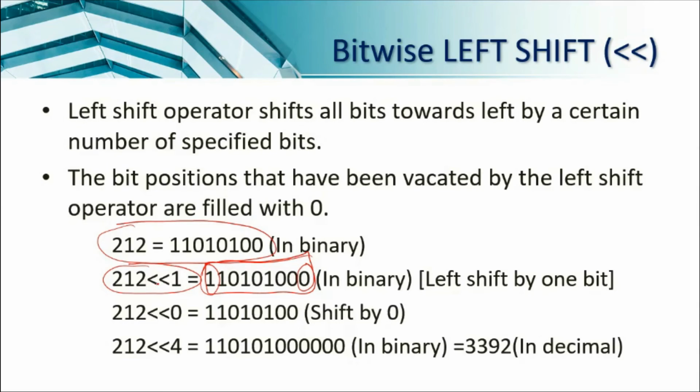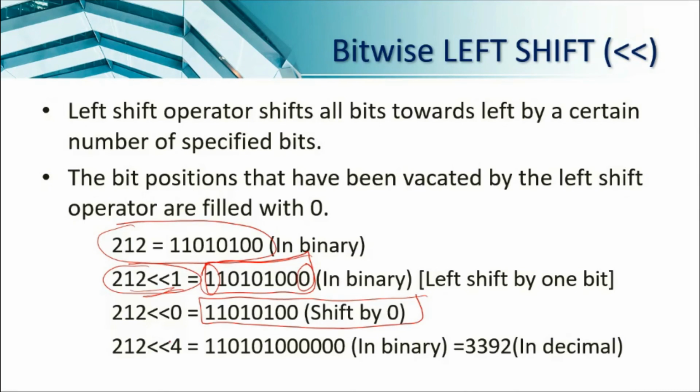So here, when we are doing the left shift by 1, all the digits are shifted towards the left by 1 position, and we insert a single 0 towards the right. If it is 212 left shift 0, there will be no change because no positions are to be inserted.